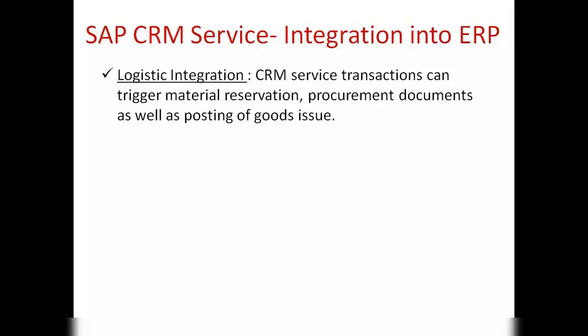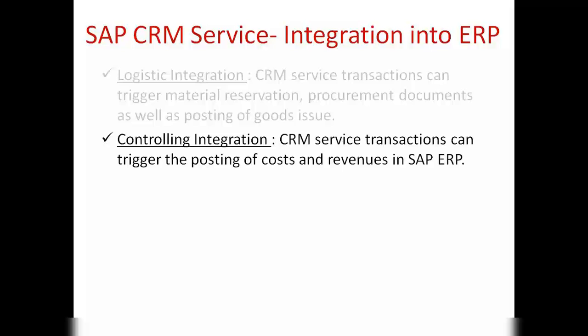Those logistic processes can be your SAP MM integration, which is your procurement, reservation, creating a purchase order to buy that item, and finally your logistic process like delivery, picking, packing, or maybe posting goods issue and all that. So it will be integrated with logistics, and it will behave like a sales order in that case.